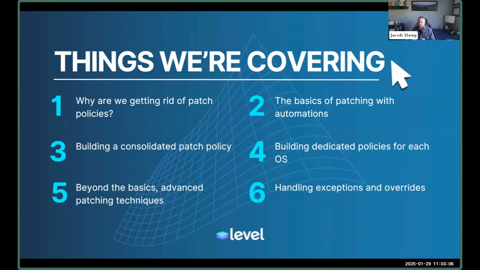And then we're going to dive into some more advanced concepts where we're going to build narrowly defined patch policies for Windows, Mac, and Linux, and do specific things that we might want to do during those patch windows, like create restore points, backups, that kind of stuff. And then finally, we're going to dive into handling exceptions and overrides when you might have certain groups of clients or certain groups of devices that you need to patch on a different schedule, or you need to have different policies around.